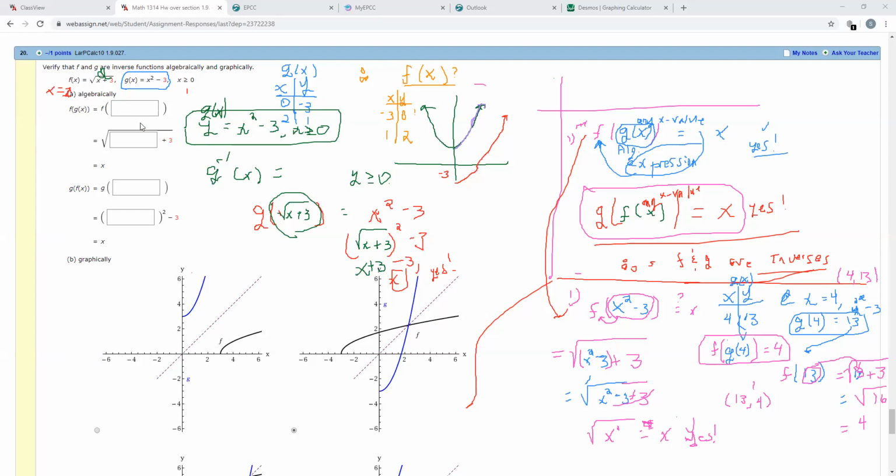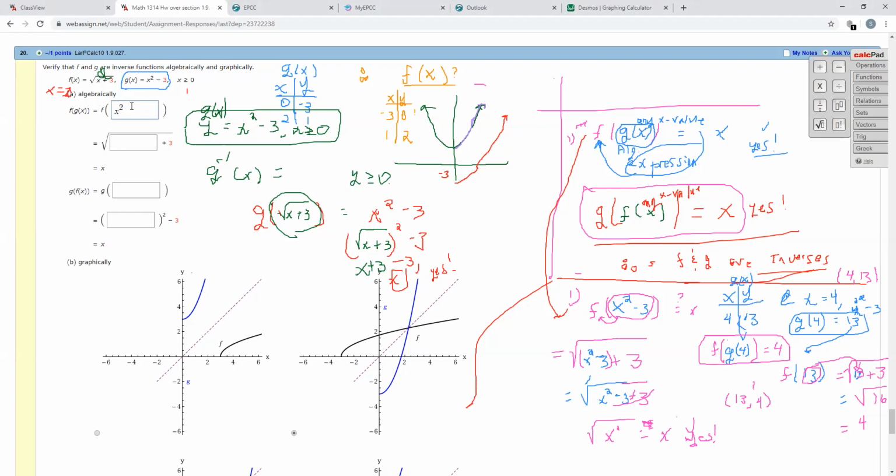So we're going to put inside here not a number for x, like the 4, and get 13, but for any general x value, the range value will be this x squared minus 3, just like we wrote here. So right here, we're going to type x squared minus 3.